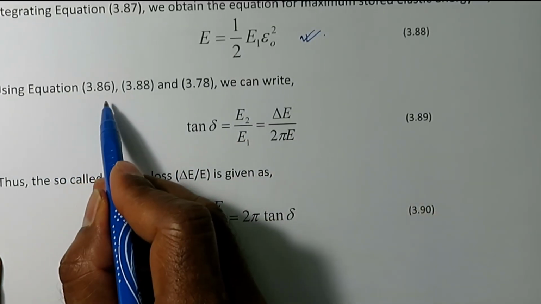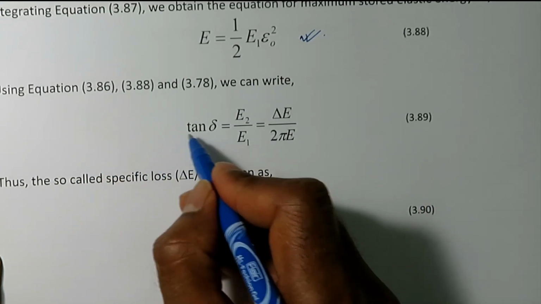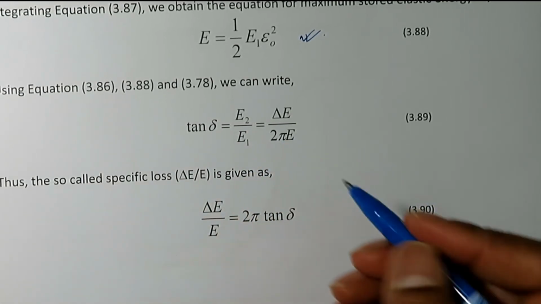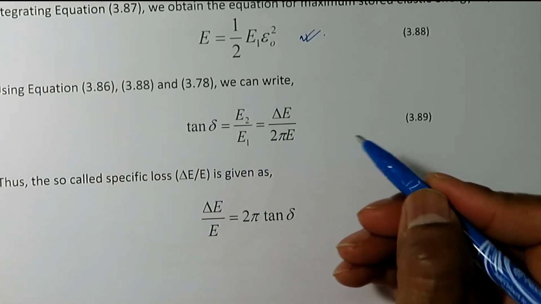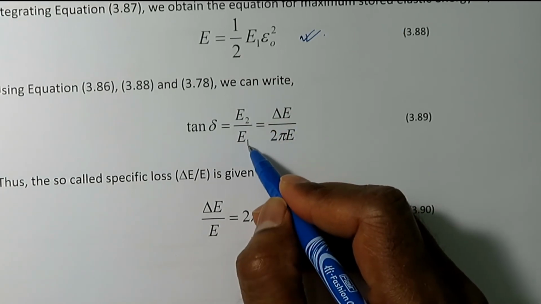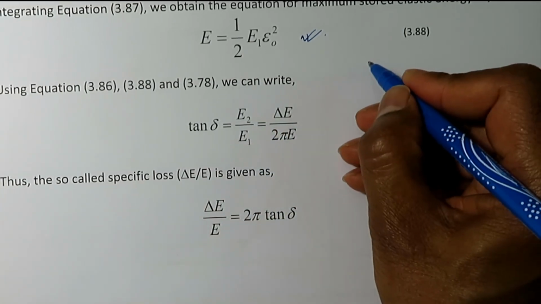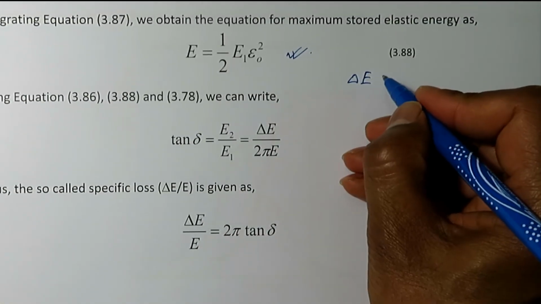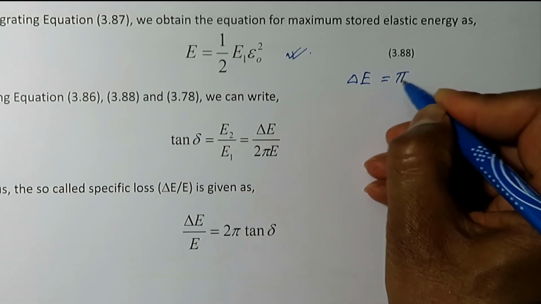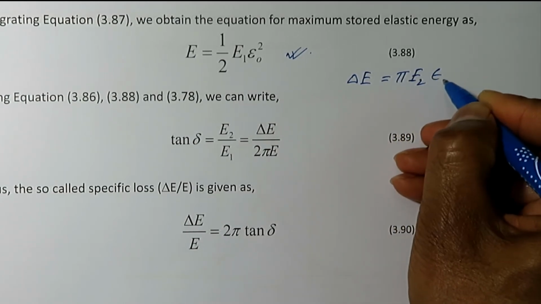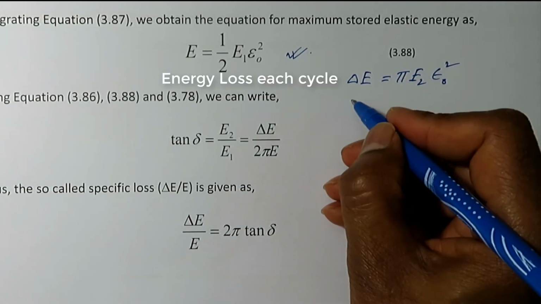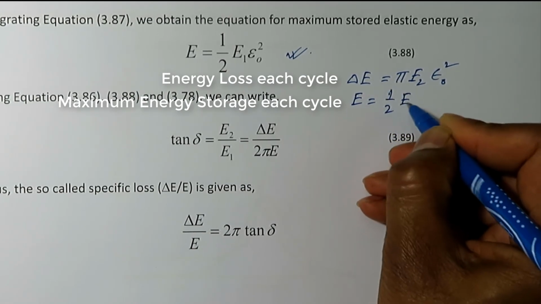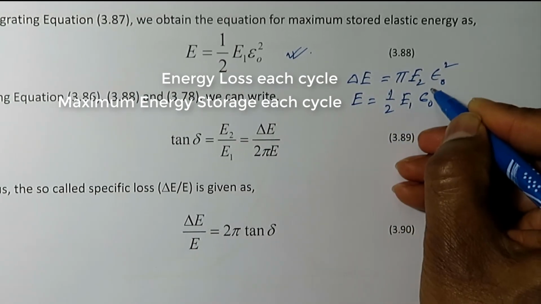Now using our previous equation, which says tan delta is equal to E2 over E1, and if we write E2 and E1, just now we have found that delta E is equal to pi E2 epsilon naught square, and E as half E1 epsilon naught square.